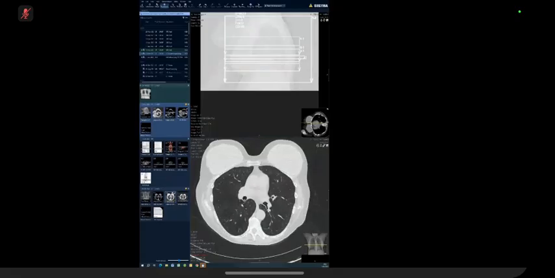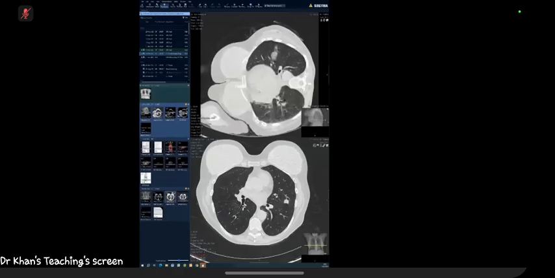Probably the left nodule is the target for biopsy, CT-guided biopsy. So you're suspecting a lung primary? You haven't said that word so far, primary lung malignancy.